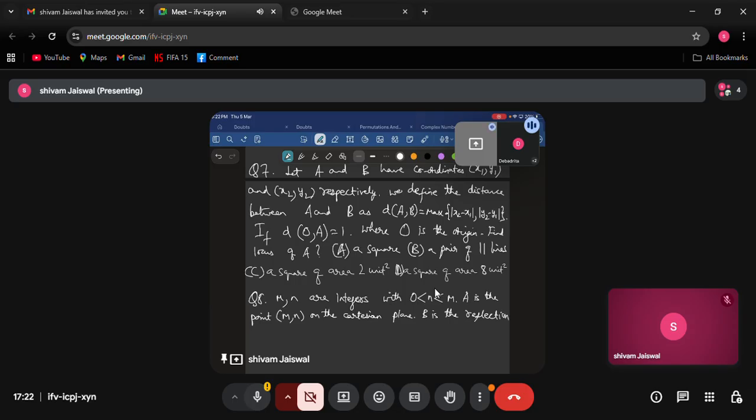Is the reflection of A in the line y equal to x.